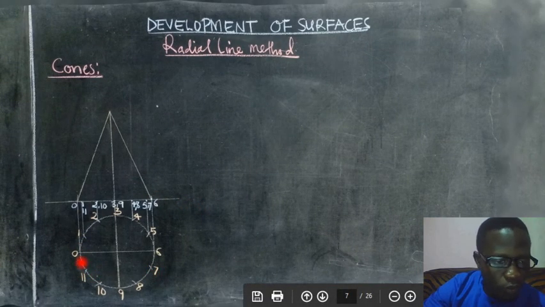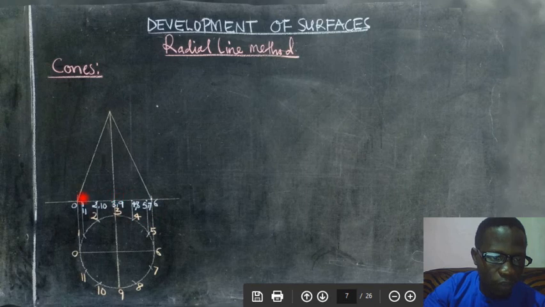So 0, we have 0 there, 1 and 11, which are in the same line, 2 and 10, 3 and 9, 4 and 8, 5 and 7, and then 6, as you can see them included on the base of the cone.